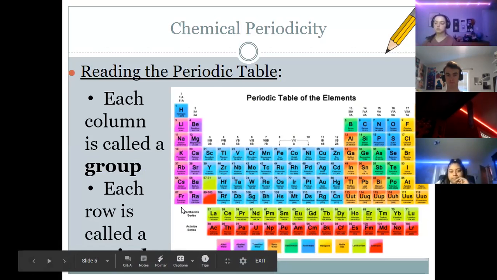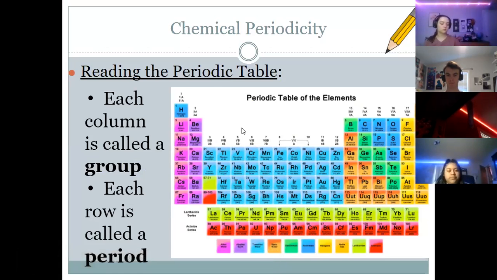So there's something about them that's similar. Lithium is more similar to sodium than it is to beryllium. And you can tell that just based off of the fact that lithium and sodium are in the same column.